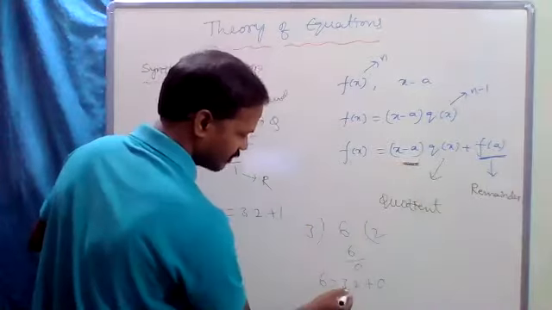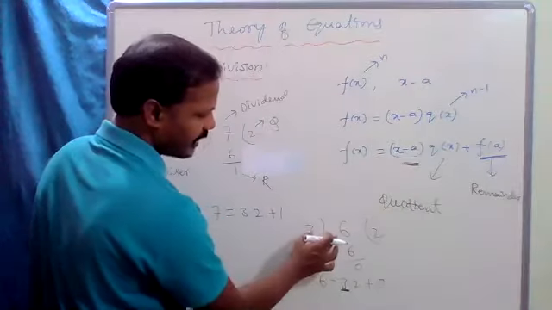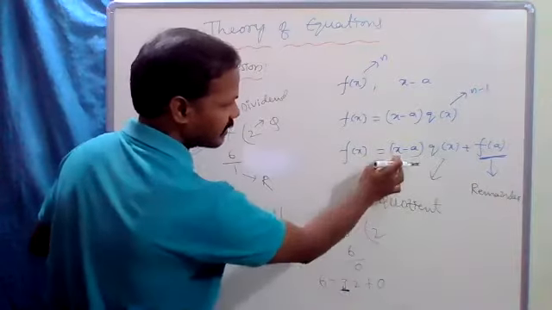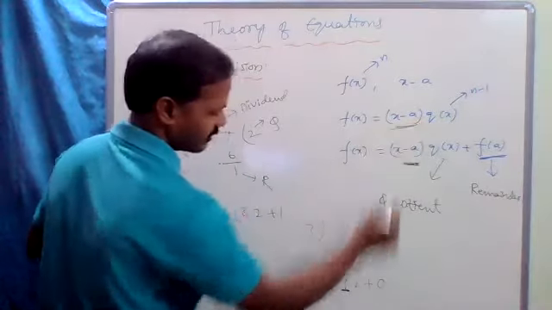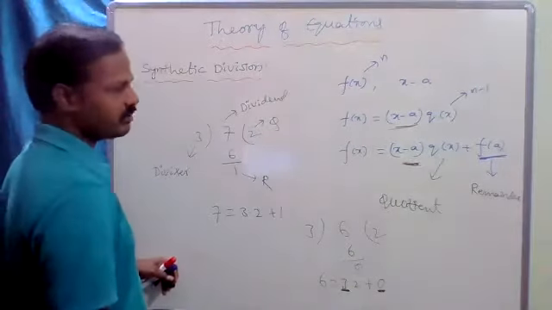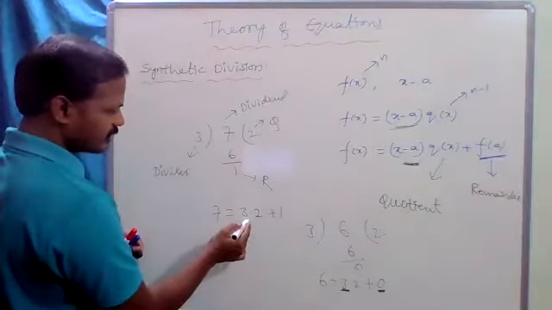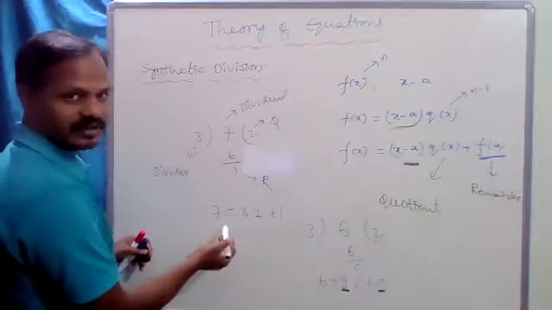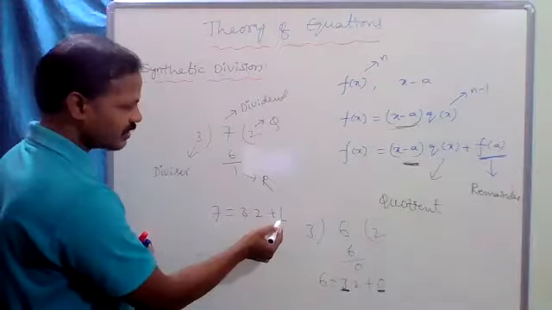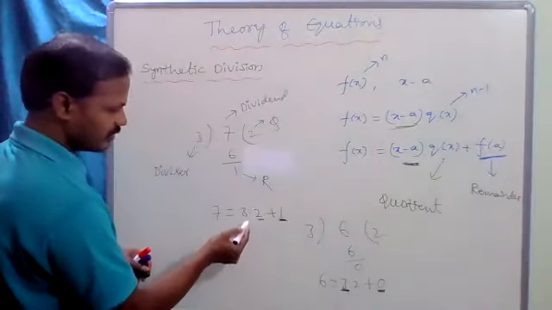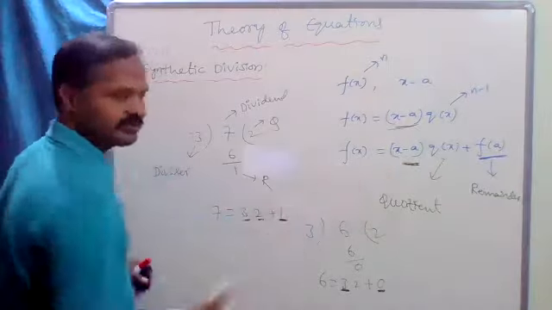This is x minus a, this is 3. So 3 exactly divides 6. That's why this 3 is a factor in this case. Here, 3 does not divide 7 exactly, so this is the remainder, which is f of a. This is q of x, this is x minus a.